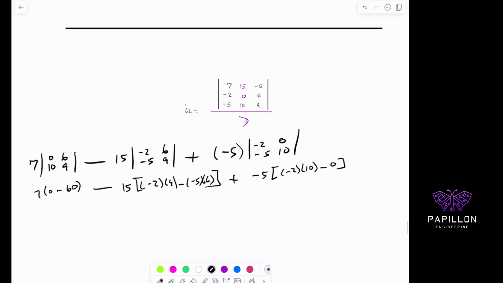Okay. All right, so now we're able to do that. You know, the rest is just algebra. So let's see if we can quickly do this and see what we get.